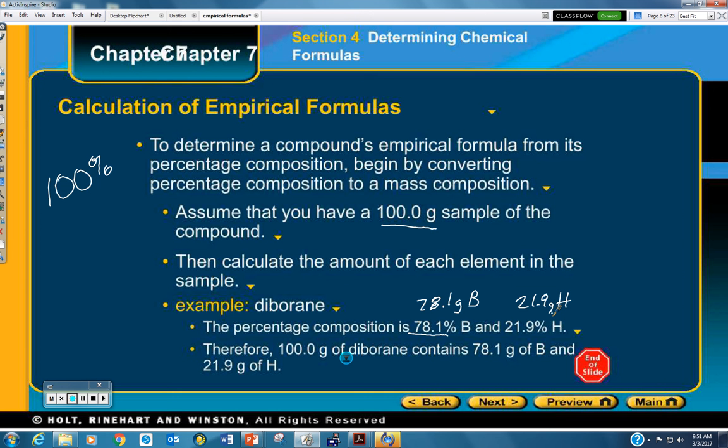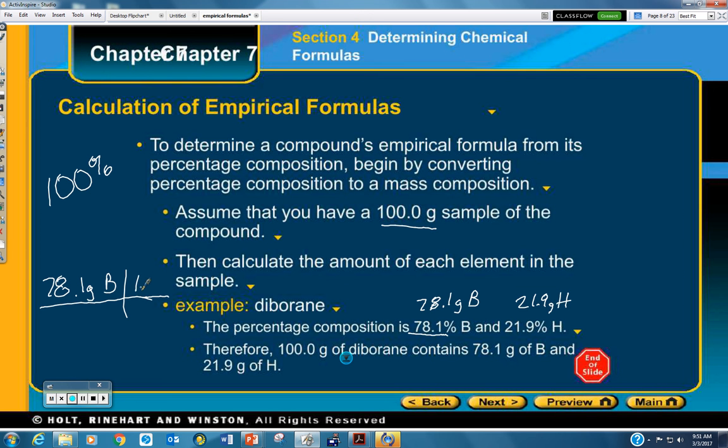Now, once we have the mass of each element, what can we determine? Moles. If I wanted to find out how many moles of boron I have, what would I do? 78.1 grams of boron. How many grams per mole is boron, or where would I find that out? 10.81.